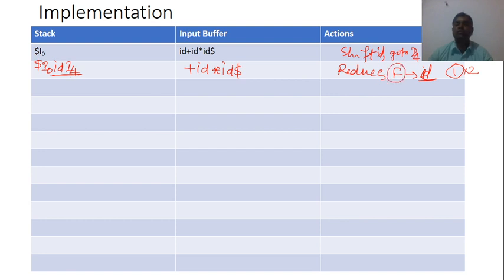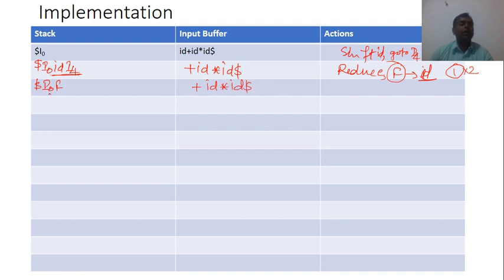Why am I multiplying it by 2? Because when I am entering any symbol into the stack, I am entering the state corresponding to that symbol also. That's why I am multiplying it by 2 here. So now it becomes $ I0 F, and here it becomes plus ID asterisk ID $.